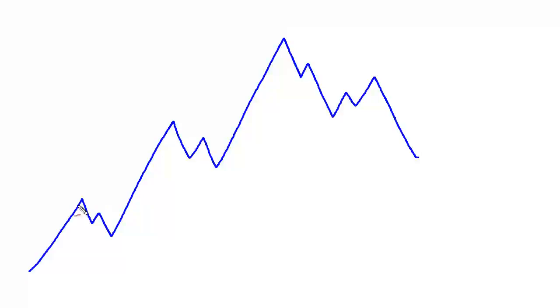Now, when you draw an Elliott wave, where you start it from depends on where the trend is coming in. So if we're coming in from a downtrend, we want to find a major high, and then watch it come down to find that major low, and from that major low is where you start your Elliott wave analysis.